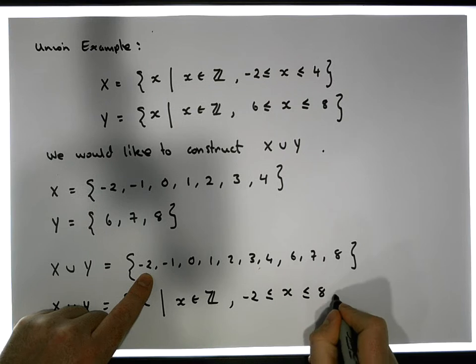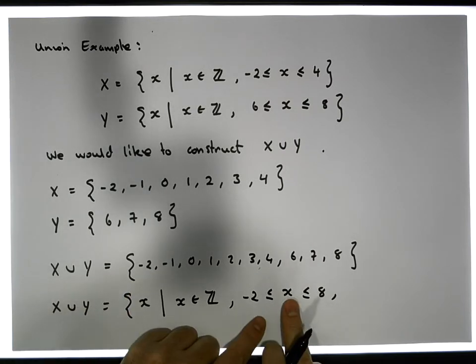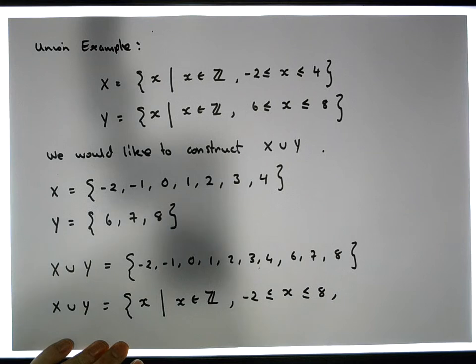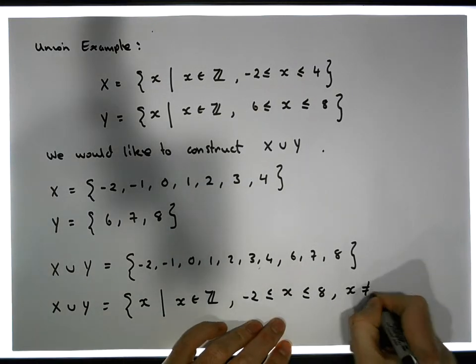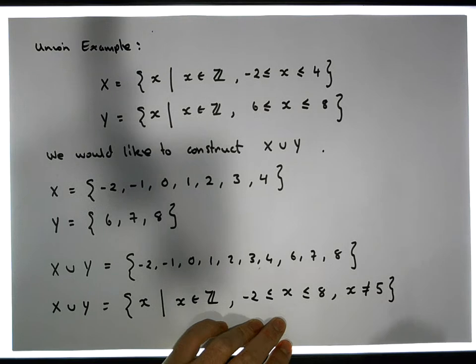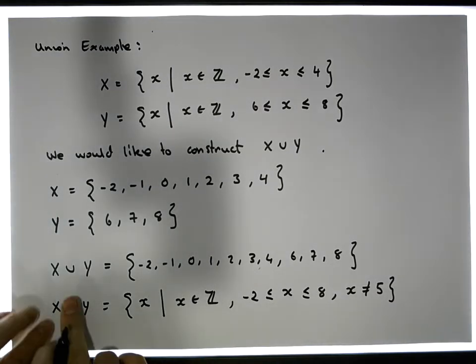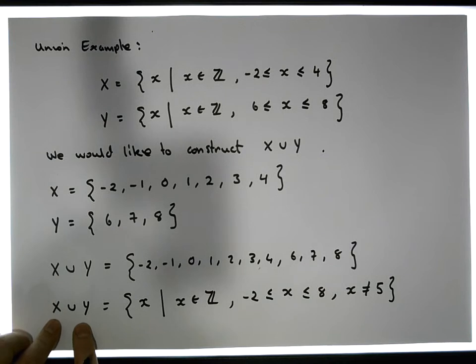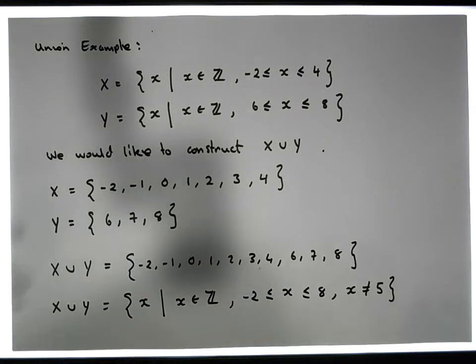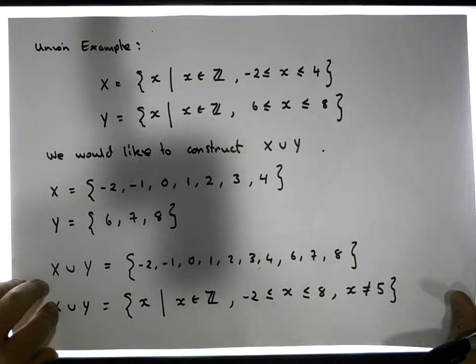But another condition is that we don't put in the integer that's equal to 5. So we'll say that x cannot be equal to 5. Now we've written X union Y in roster notation, but we've also written X union Y in what's known as set builder notation. So there are two examples of how the union operator works.